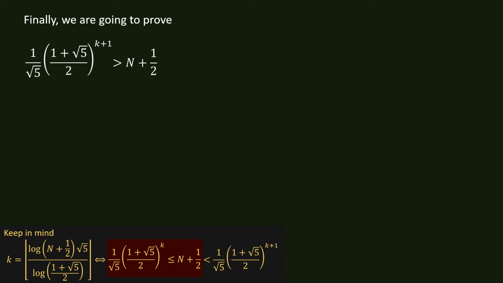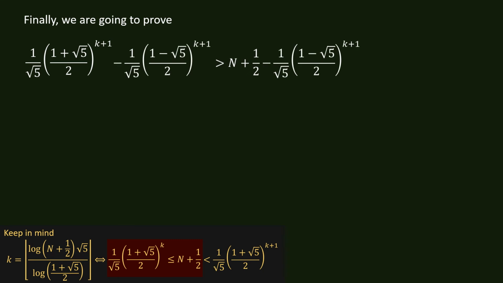Finally, we are going to prove the second part of our purpose. Again, we will use the backward proving technique, and the proof is similar to the first part. Subtract both sides by this quantity, so we get the Binet's formula for the Fibonacci number, which is equal to xk plus 1.